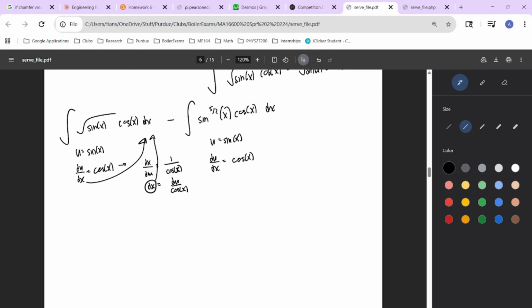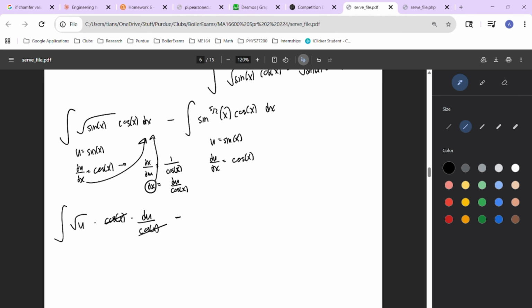This integral becomes the integral of the square root of u multiplied by cosine of x multiplied by du over cosine of x. The cosines cancel, and we're left with a u on its own.